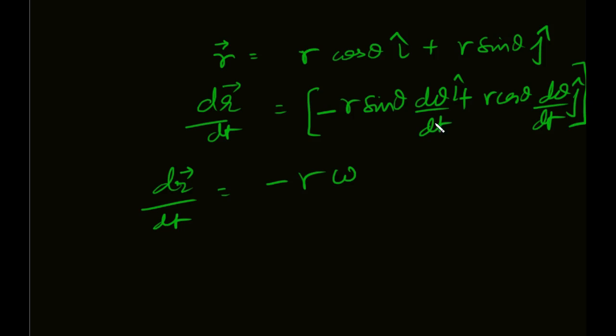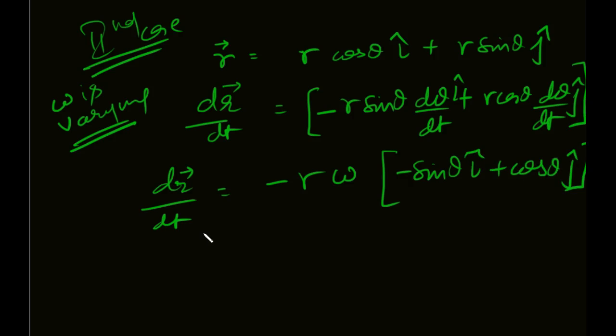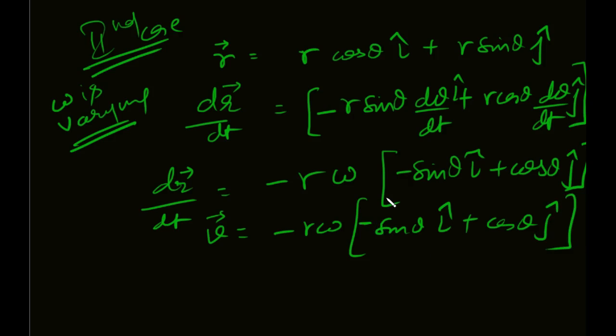Now omega is varying. This is the second case, where omega is varying now. This omega comes out, this would be minus sine theta i plus cos theta j. This was V. Okay, so actually this is positive.